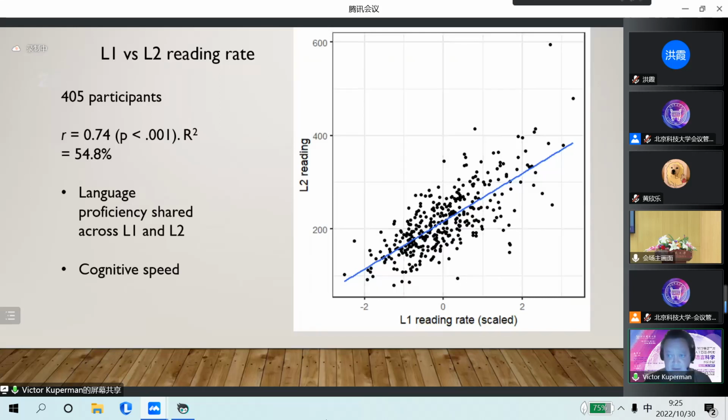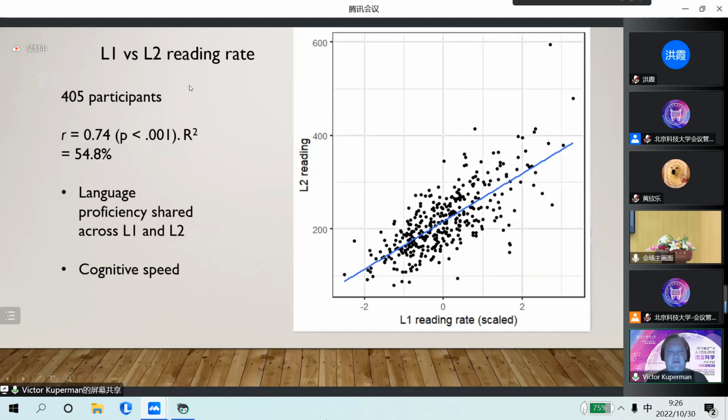So because in the MECO project we have participants read both in their L1 and L2, we can actually study directly how their proficiency in their first language predicts their proficiency in their second language.